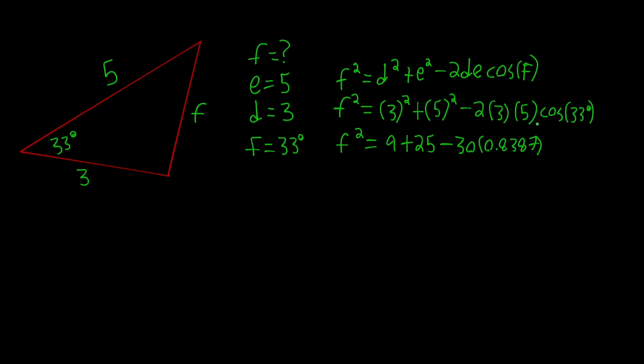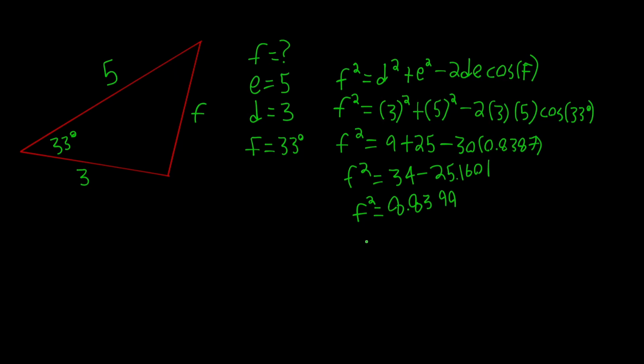Okay, so running through these calculations, what we find is that f squared is equal to 34 minus 25.1601, or 8.8399. So that's f squared.